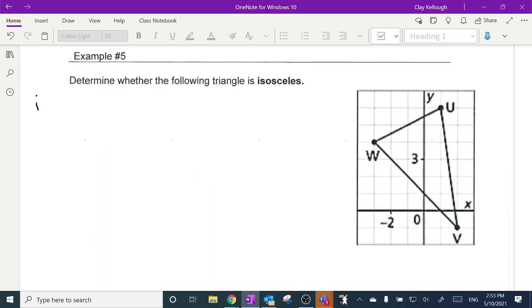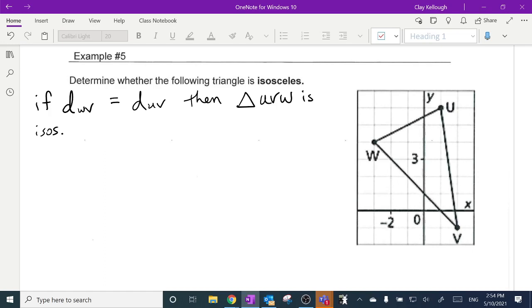So if the distance from W to V is equal to my distance from U to V, then triangle UVW is isosceles.